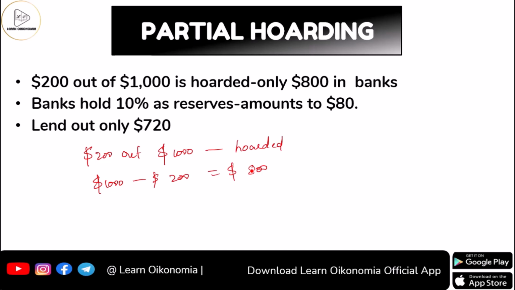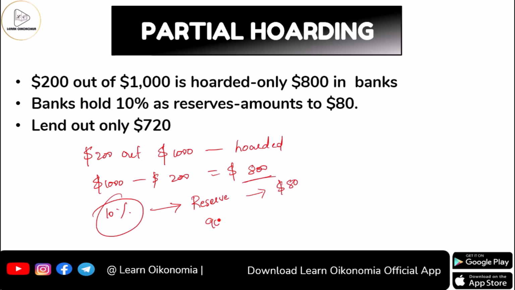This is the new money supply, the money that is available in the bank. Again, remember, the central bank tells every commercial bank to keep 10% as reserve, so we take 10% of 800, which is $80.